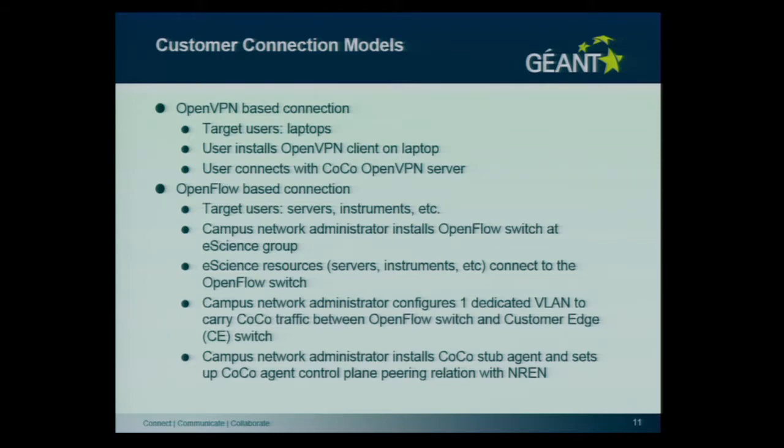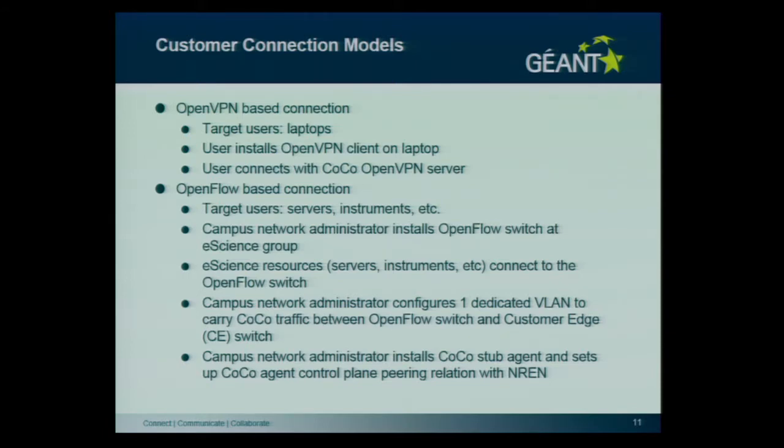And the second connection model is based on installing an OpenFlow switch at the site. And this is used for connecting servers, instruments, etc. And then the campus network administrator gets involved. He installs that OpenFlow switch. What he also needs to do is, of course, connect all the resources, the servers, instruments, etc. And he configures one dedicated VLAN on the campus infrastructure, and that is dedicated for the COCO servers.